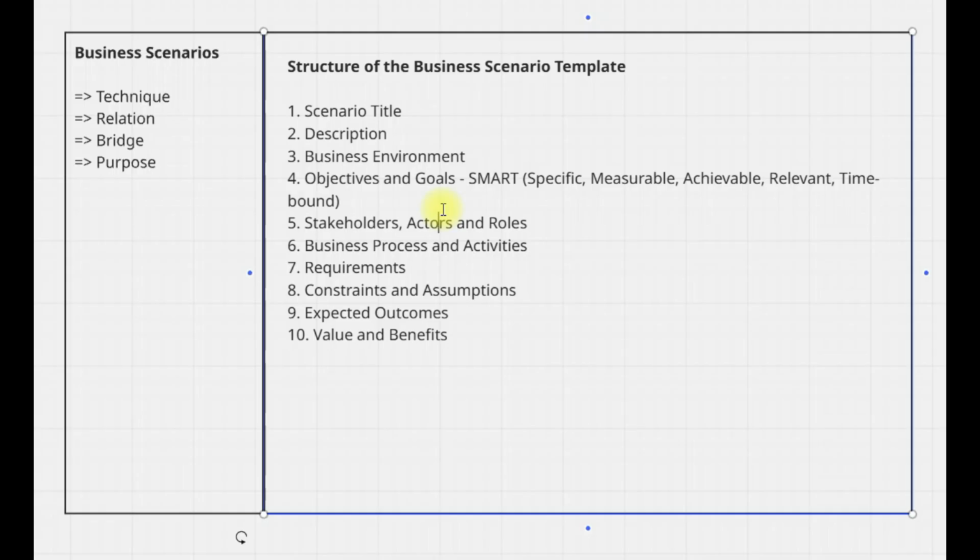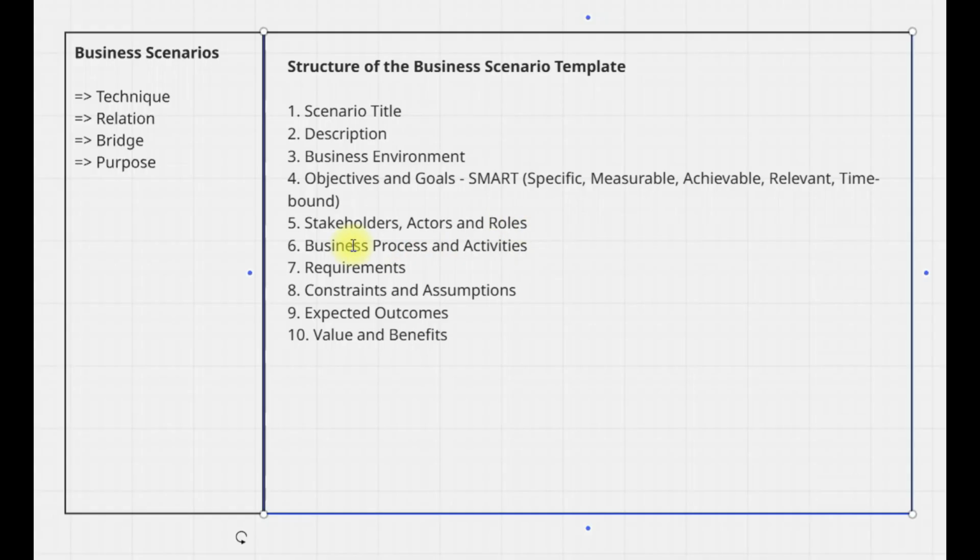Actors can be people, the end users who will be using this system, or systems interacting with the processes. For example, there might be external systems which we may connect to in order to fulfill our business needs. Those are also part of the actors. And then the roles and responsibilities of each stakeholder and actor involved in the system.